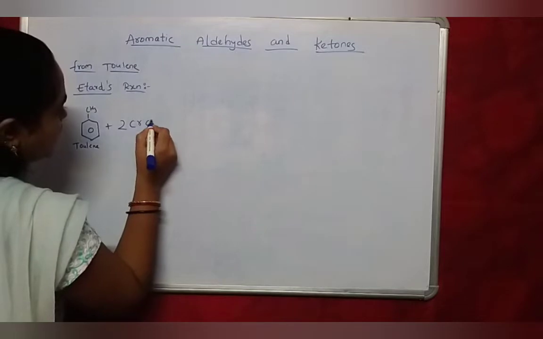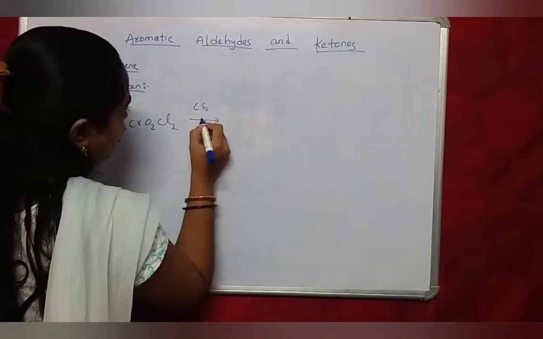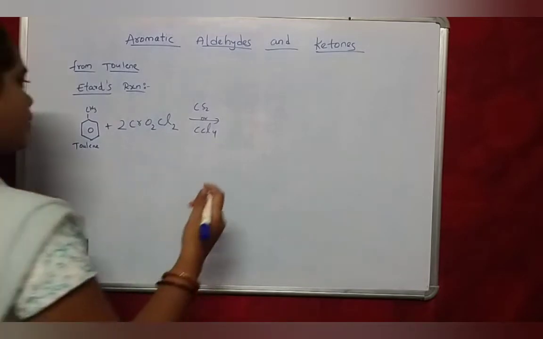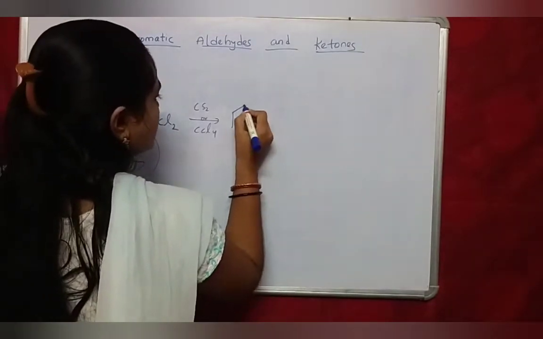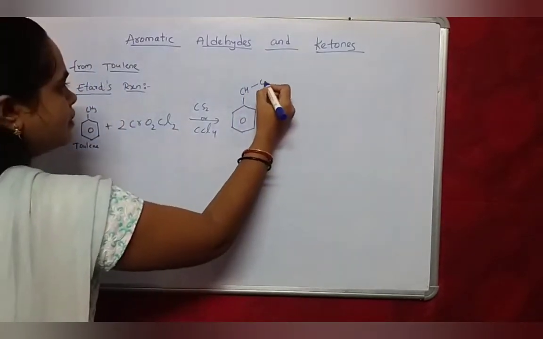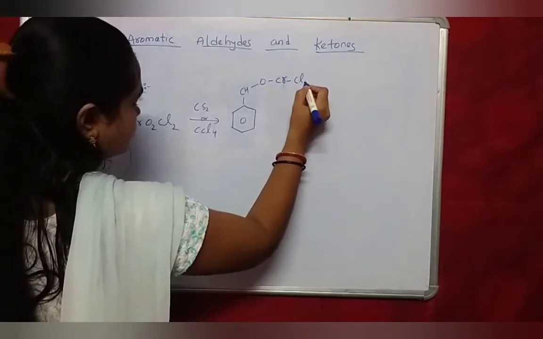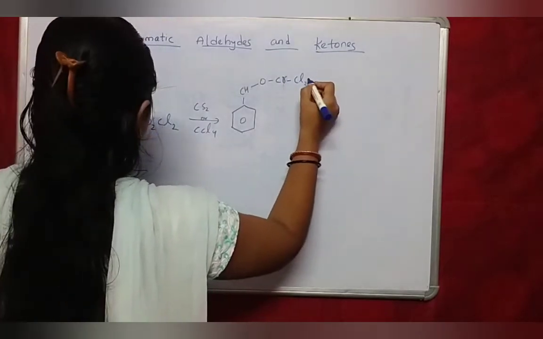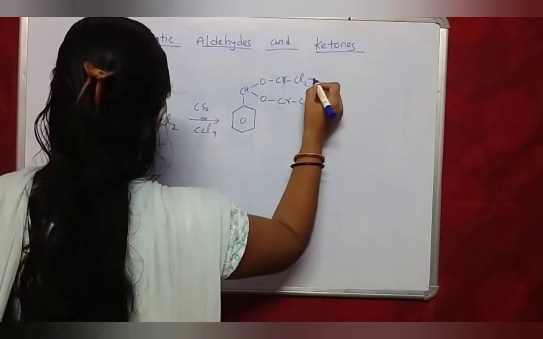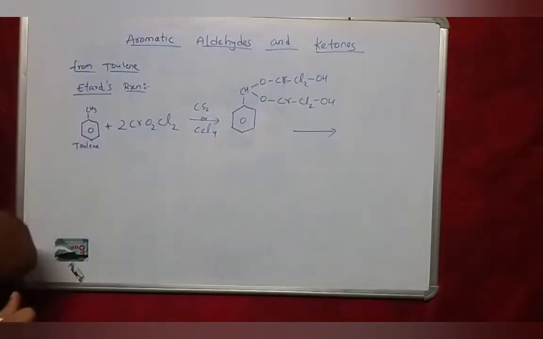Two molecules of chromyl chloride in presence of CS2 or carbon tetrachloride, here it forms an unstable product. See how this is formed.